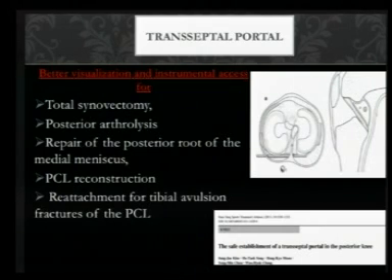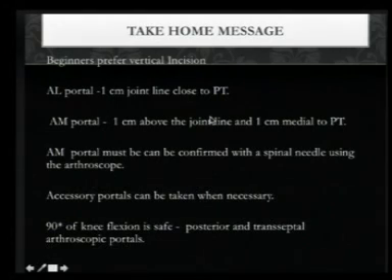This is useful for synovectomy and arthrolysis of the posterior side when you want to do additional lysis and PCL reconstruction. Very often when you do synovectomy for rheumatoid arthritis, when you are fiddling around posteriorly, inadvertently you have made a transseptal portal. It's not very difficult to make, provided that you stick to this principle.